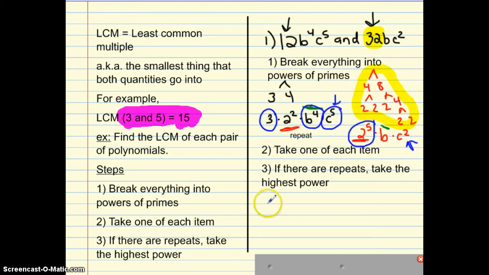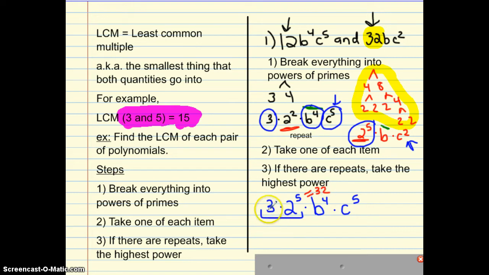So what I take for my final answer, 3 times 2 to the 5th times b to the 4th times c to the 5th. And if I were to simplify that out, I know 2 to the 5th is 32.